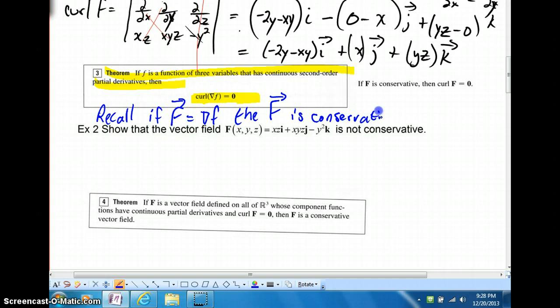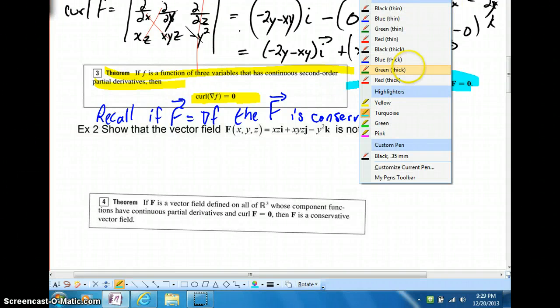So it follows immediately that if F is conservative, that is, if capital F is really the gradient of some potential function, then the curl of F, that is the curl of the gradient function, must equal 0. Well, that's just restating the theorem we just mentioned.